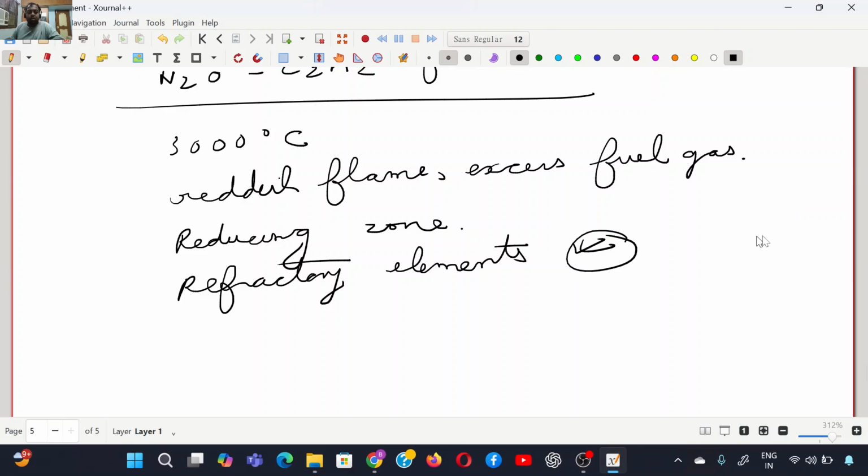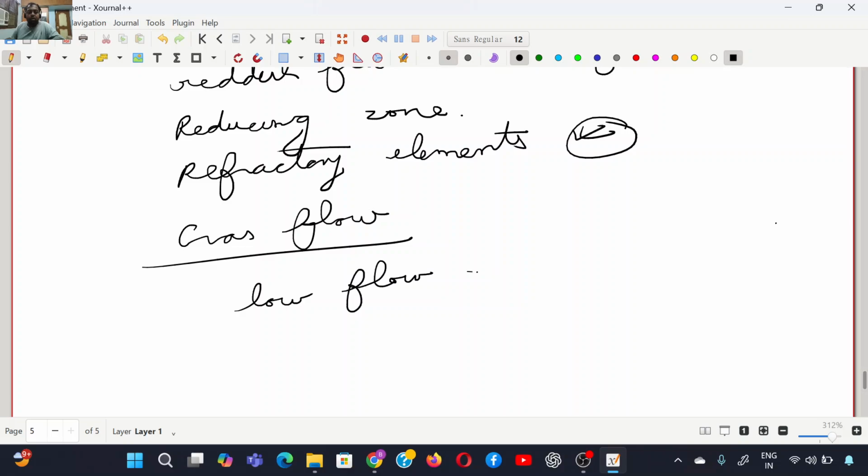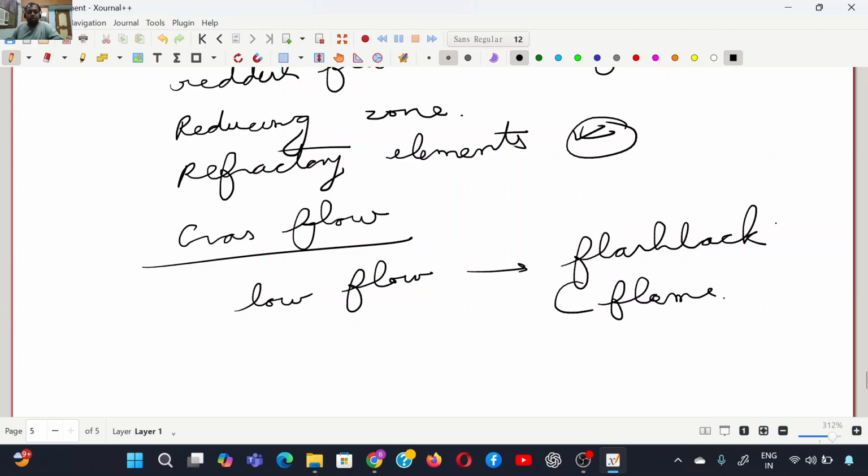What about gas flow? Gas flow rate is very critical. If you have very low flow, there can be flashback. What does flashback mean? It means the flame is sucked into the burner, increasing the chance of explosion.